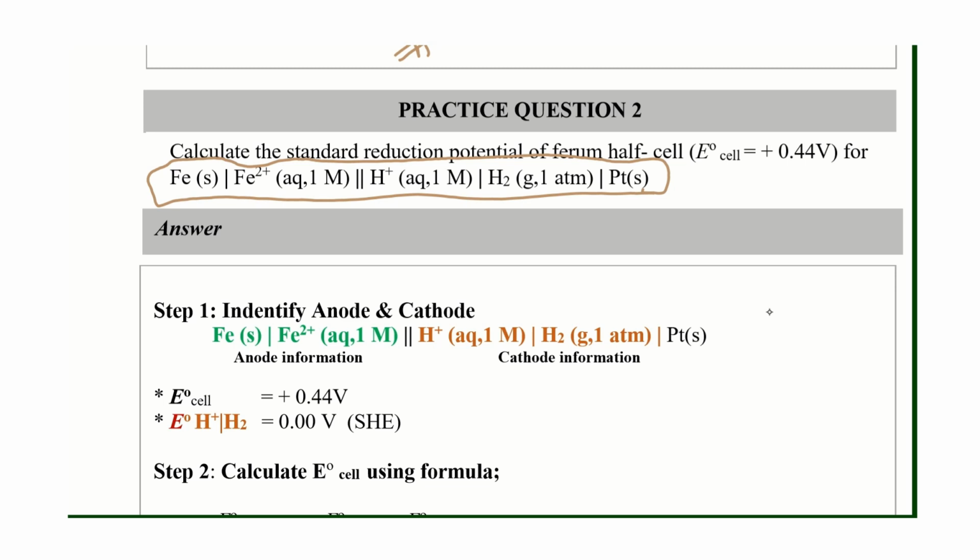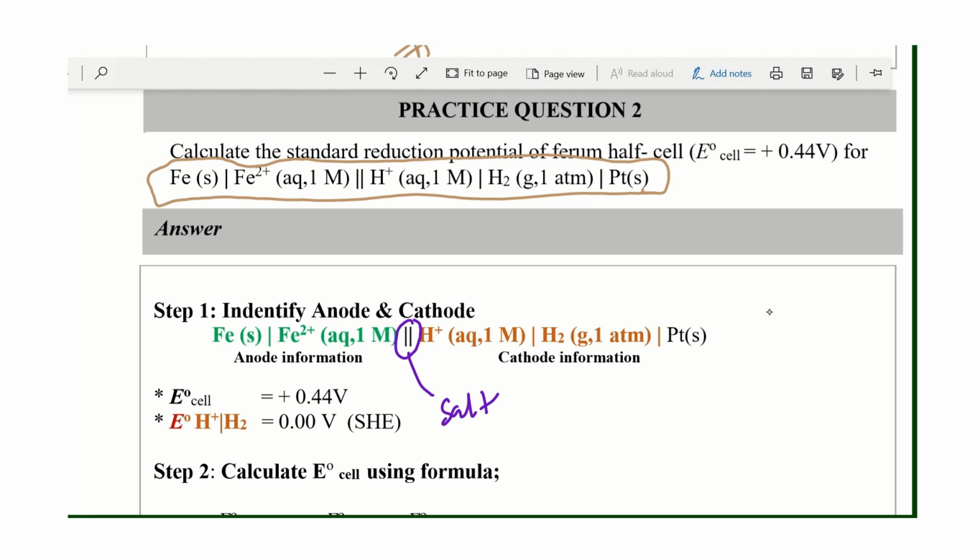What we have to do, of course, is identify the anode and cathode according to the cell notation given. Don't forget the double vertical line stands for the salt bridge, and we have anode information at the left side and cathode information at the right side.